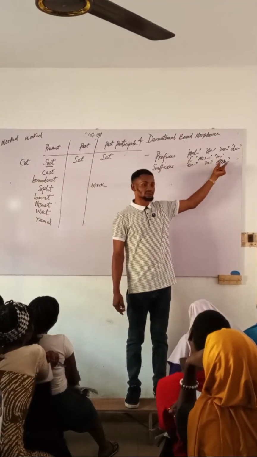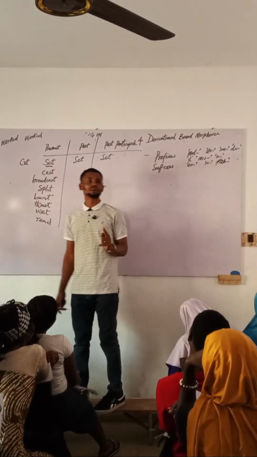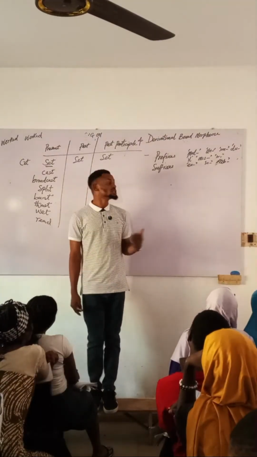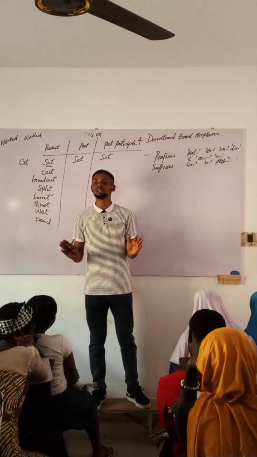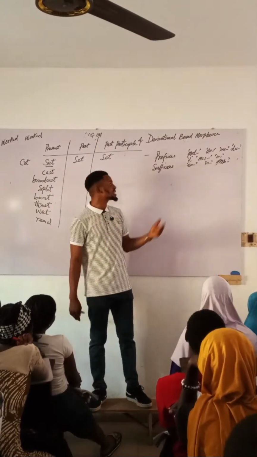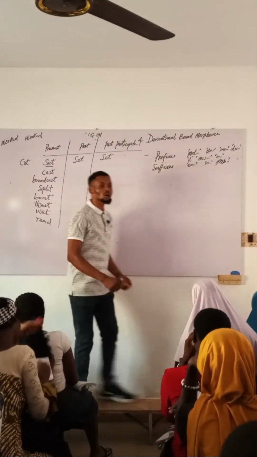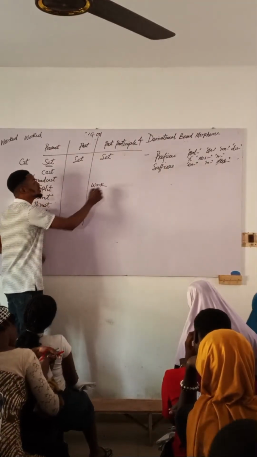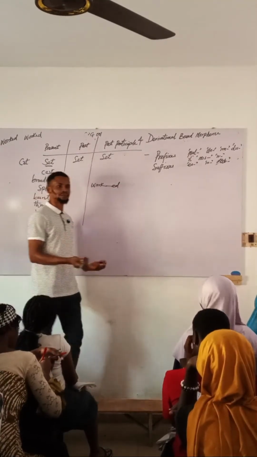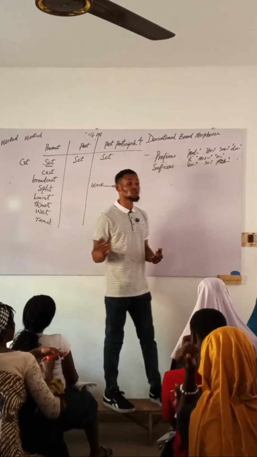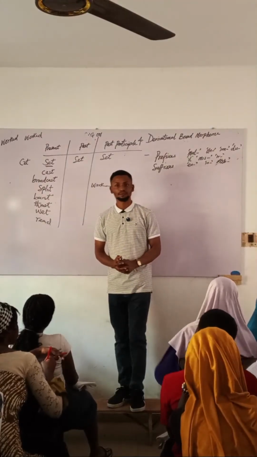Complete, incomplete. Normal, abnormal. In each of these words, listen up. In each of these words, the moment these prefixes are added to a base, the meaning does not remain the same. True or false? You can tell me the meaning of normal is the same as the meaning of abnormal. Unlike what you have in inflectional bound morpheme, where you have work and worked, it's still verb, it's still saying the same thing. The only thing that has changed is just the tense. Are we together, please? All right.